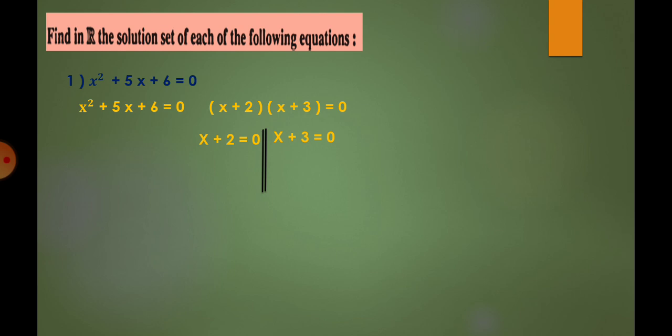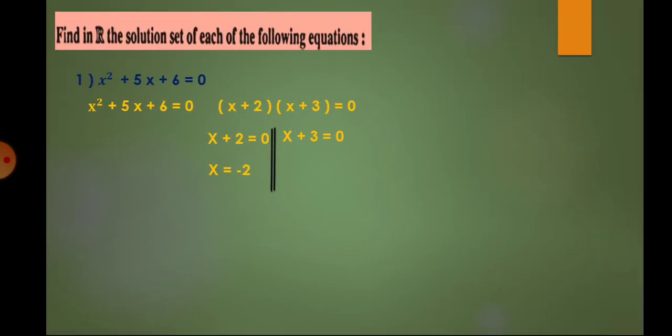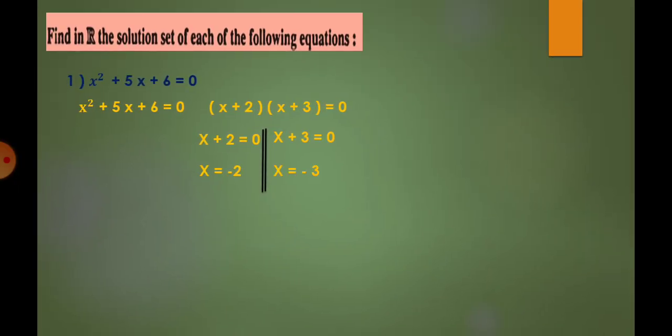We write the negative on the opposite side. So we can write x equals negative 2 and x equals negative 3. So we can write the solution set equal negative 2 and negative 3.